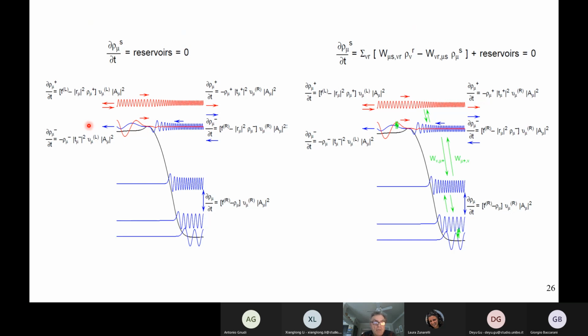we have contacts which are trying to inject proportionally to the deviation of the states away from thermal equilibrium. There are some transmission and reflection coefficients here which you can ignore for now, just the normalizations. So simply the contact will maintain a thermal equilibrium distribution. The left contact will maintain a thermal distribution of the red states and the drain contact of the blue states.